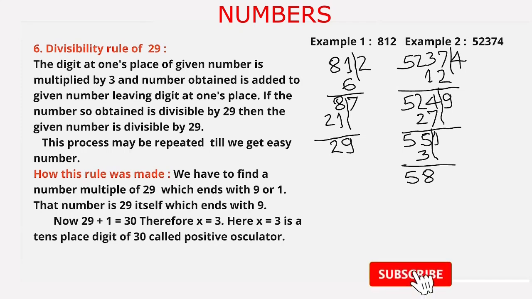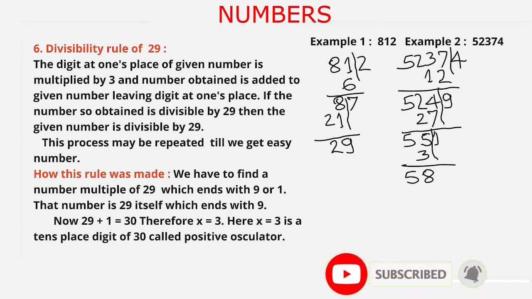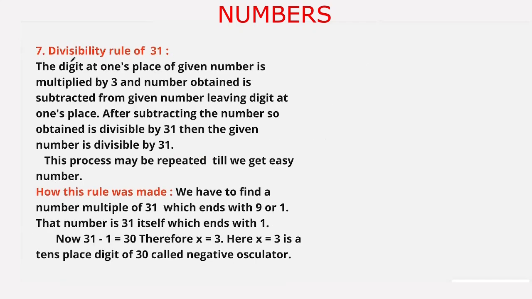The next prime number is 31, and we will form the divisibility rule for 31. Point 7. Divisibility rule of 31. The digit at ones place of the given number is multiplied by 3 and the number obtained is subtracted from the given number, leaving the digit at ones place.